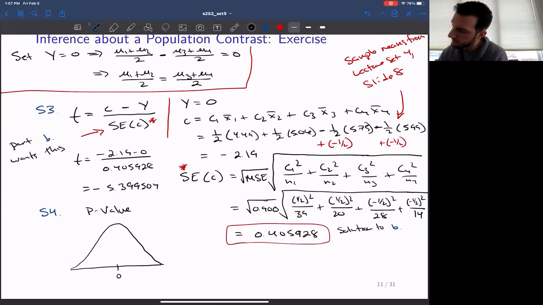We have a test statistic of negative 5.399. So here is t equals negative 5.39. Actually, it would be 5.4 because if we round to 3 decimal places, we have to round up. It's a two-tailed test. So on the other side, you have t is equal to 5.400.